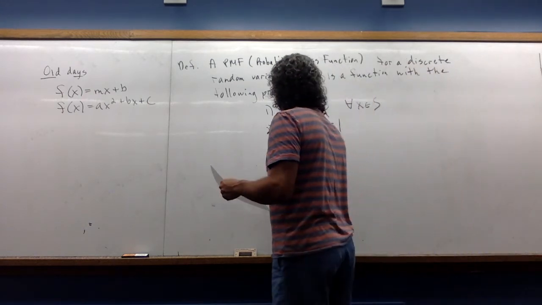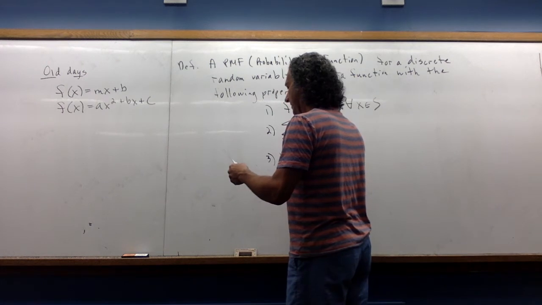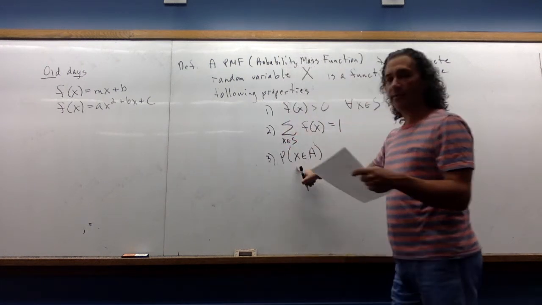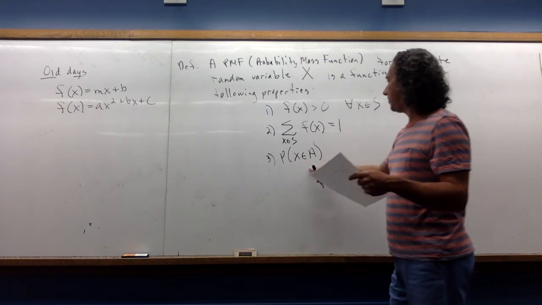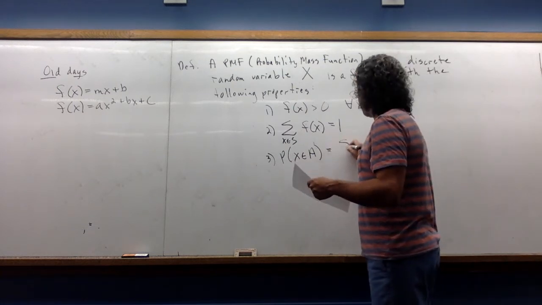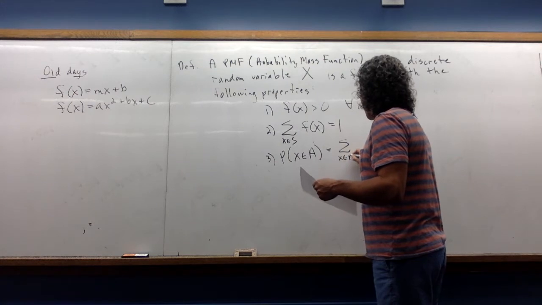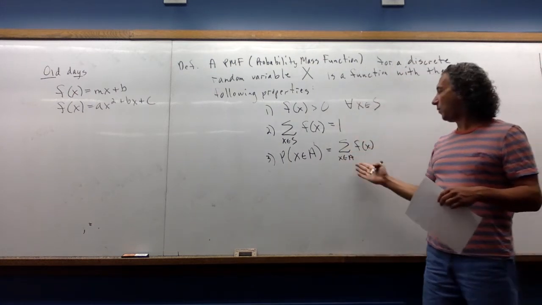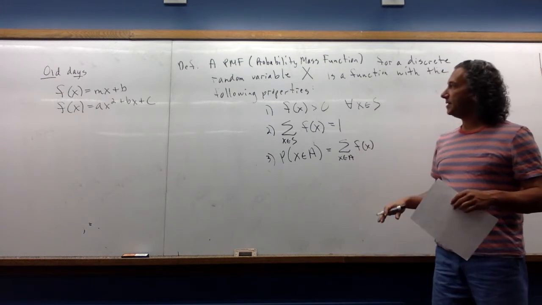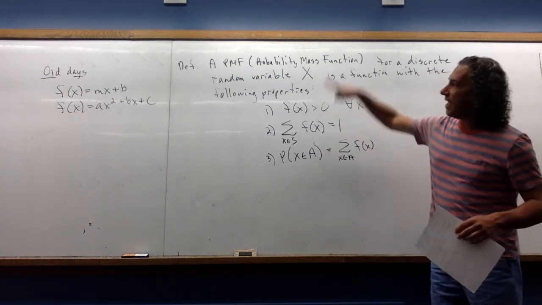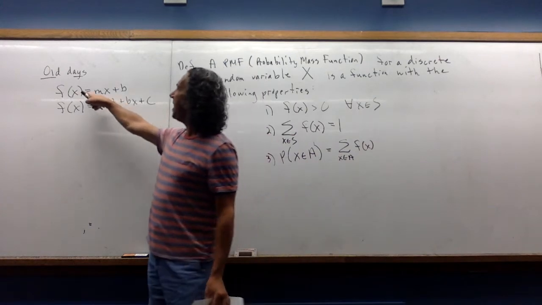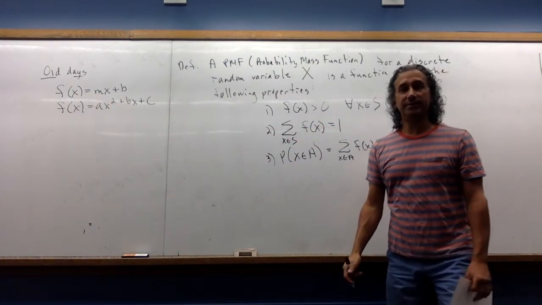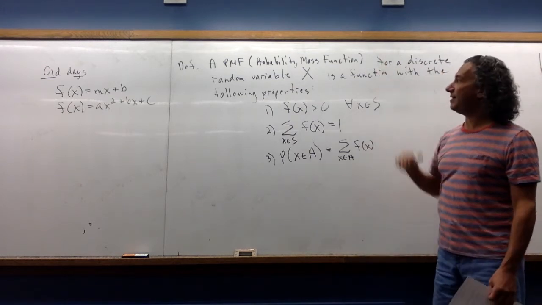Third, the probability that a particular x value is in a particular subset can be found by adding up all of my functional values within that set. So all of this stuff together is the same thing as me saying, hey, it's a linear function if it looks like mx plus b and m and b are real numbers.